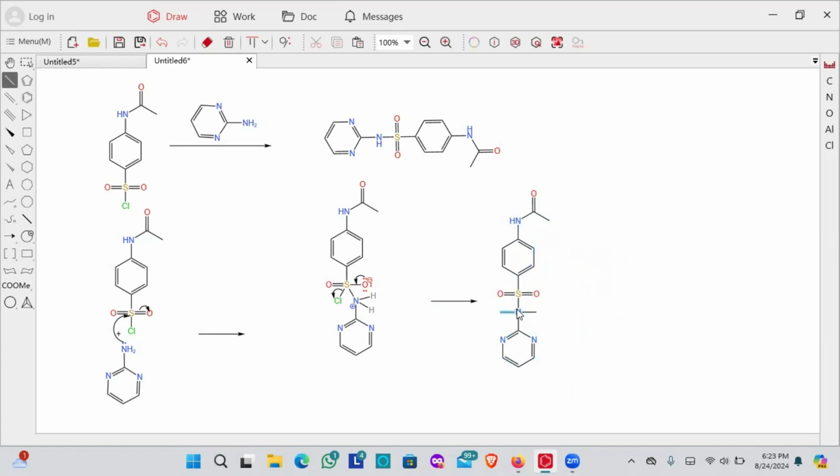Show both hydrogen and positive charge as well in the amine, and how we're going to remove one of the hydrogen using the chlorine atom, plus Cl minus. Let's add the electron pairs on the chlorine.